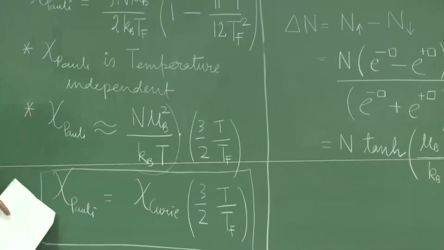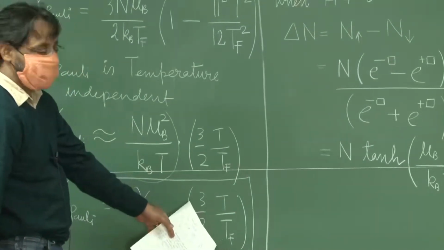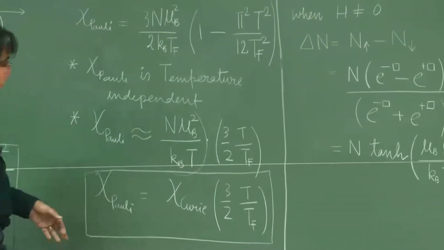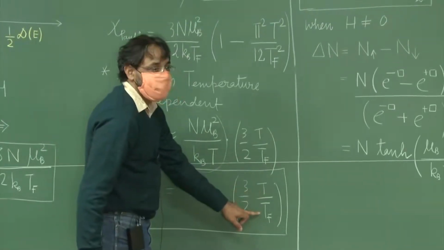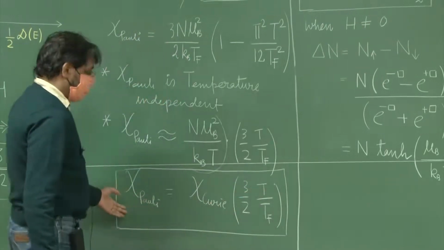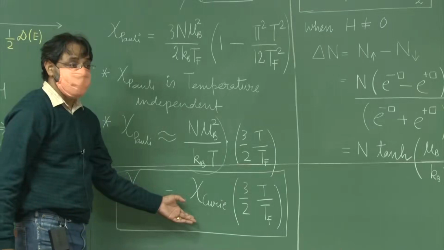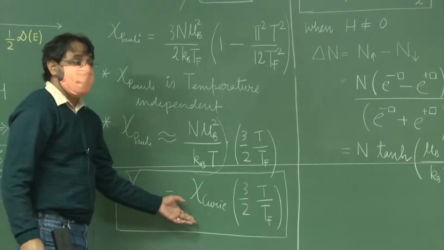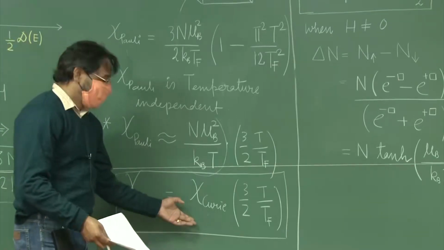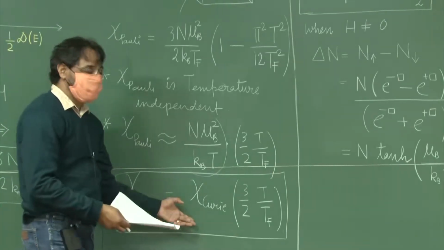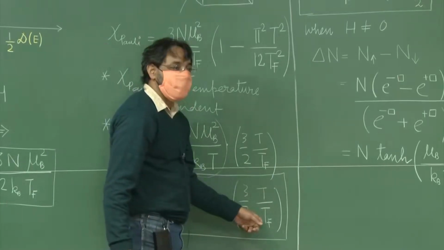Chi Pauli is very small because T_F is a very large quantity. At 100 Kelvin, for instance, this will be 100, this will be 10 to the power 4. So Chi Pauli is 1/100th of Chi Curie at room temperature, near 100 Kelvin. But if you go down close to zero temperature, this difference is going to be humongous. For instance, at 1 Kelvin, this is 1, this is 10 to the power 4.